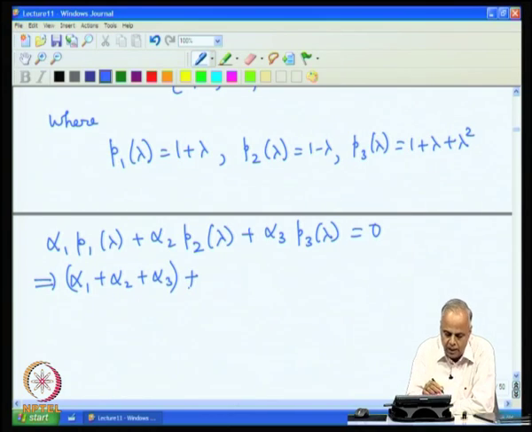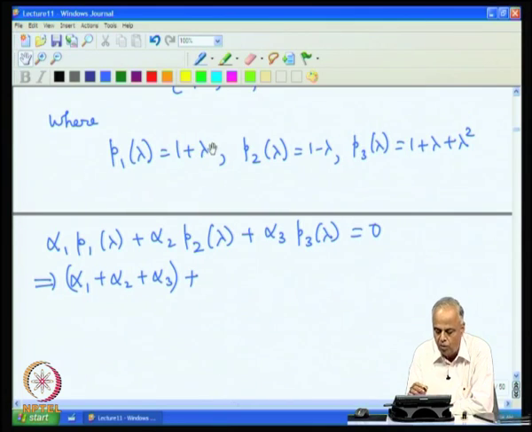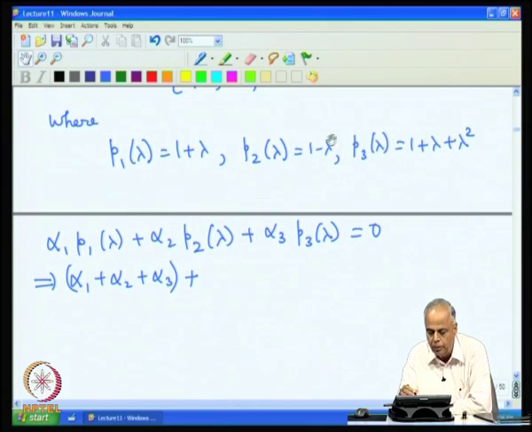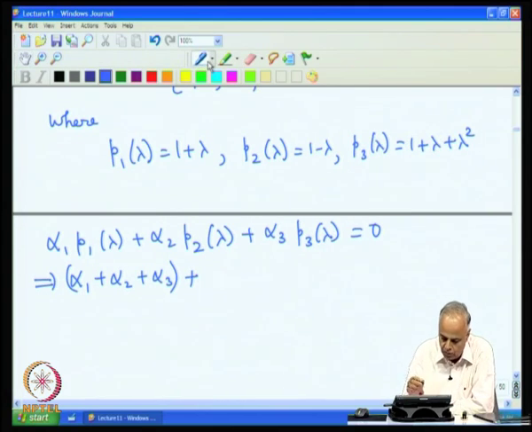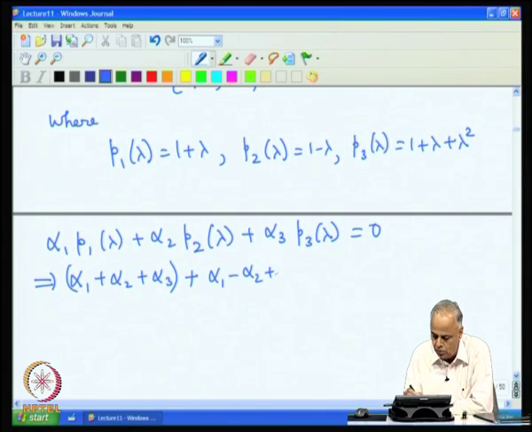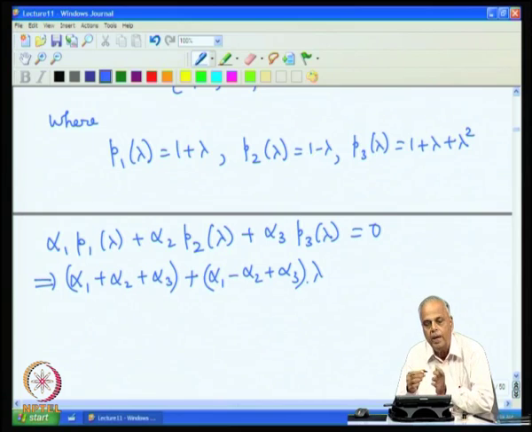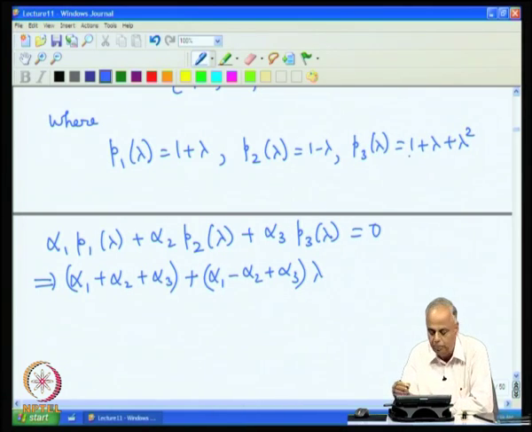Now, let us collect the lambda terms. Alpha 1 p1 will give me an alpha 1, alpha 2 p2 will give me a minus alpha 2, alpha 3 p3 will give me an alpha 3. So, we have alpha 1 minus alpha 2 plus alpha 3 times lambda. If you now collect the lambda squared terms, it comes only from P3.